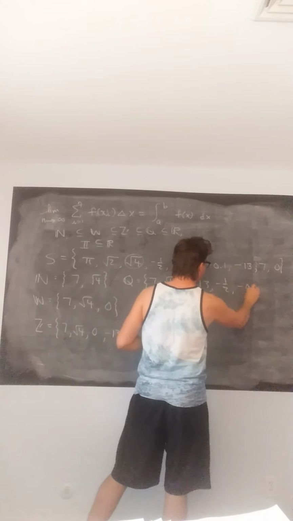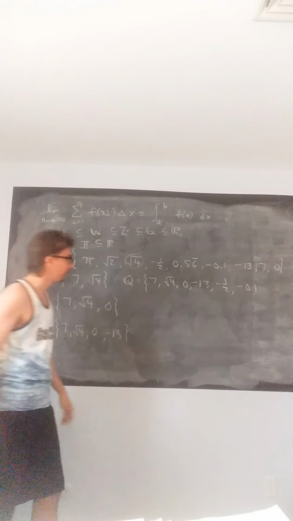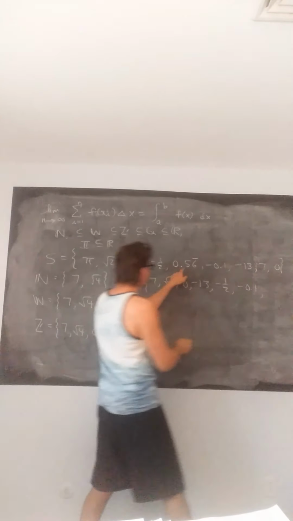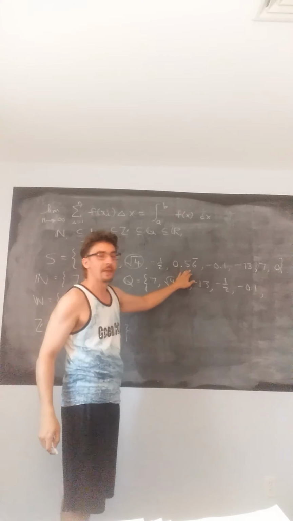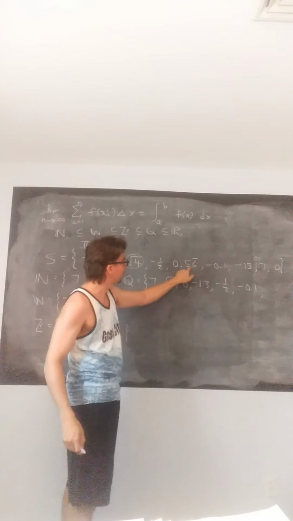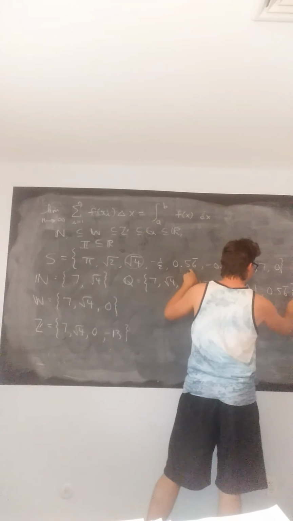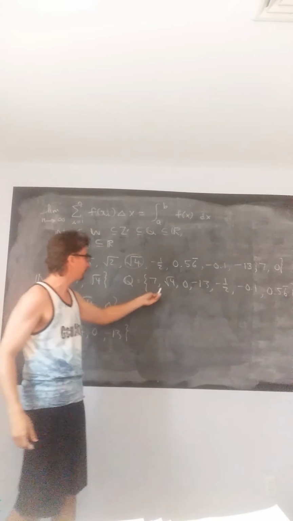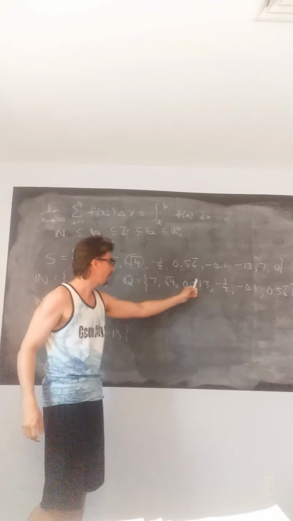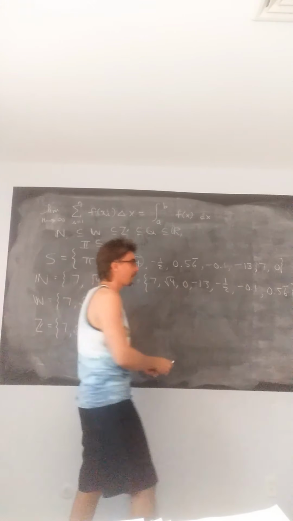Something like negative 0.1, because negative 0.1 would be negative 1/10. And then this guy here, the 0.56 with the repeating 6, remember rational numbers are considered also to be terminating or repeating decimals. So we have to include 0.56 with the repeating 6. And all of these numbers would be considered rational. So the rational numbers are 7, square root of 4, 0, negative 13, negative 1/2, negative 0.1, and 0.56 with the repeating 6.